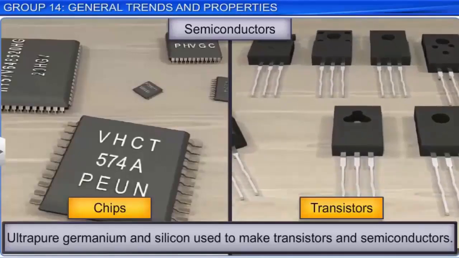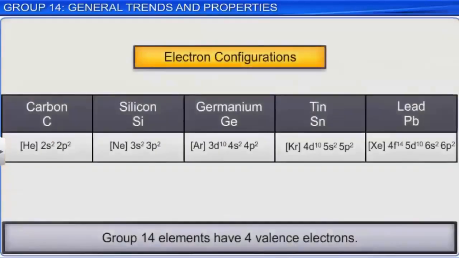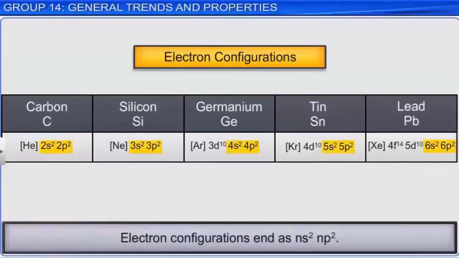All the group 14 elements have 4 valence electrons. The electron configurations of all of them end as ns2, np2. However, despite the similar valence configurations, their inner cores do vary down the column as the D and F sublevels become available.